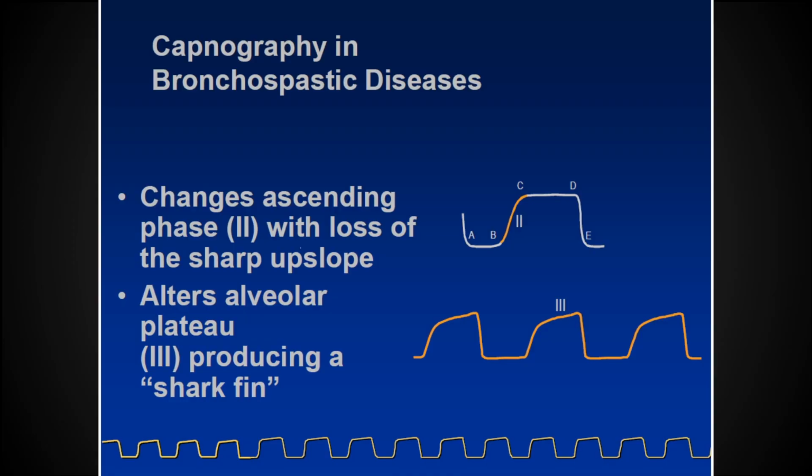Now, you've traditionally heard me say that shark fin capnography is indicative of what condition? Bronchospasm, and that is true most of the time. Lauren, do you know why bronchospasm is changing the shape of our end tidal? That is true in a generic sense. Can you be more specific as to what condition you might suspect if you saw this?